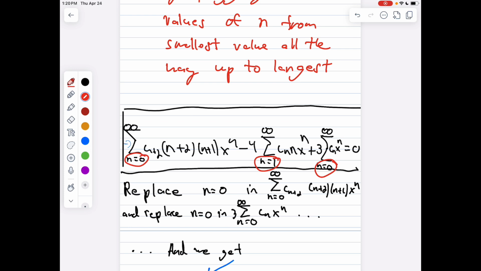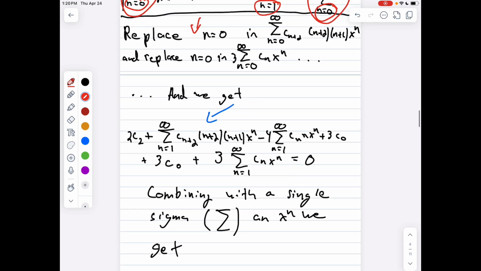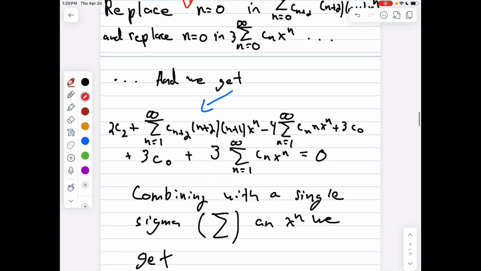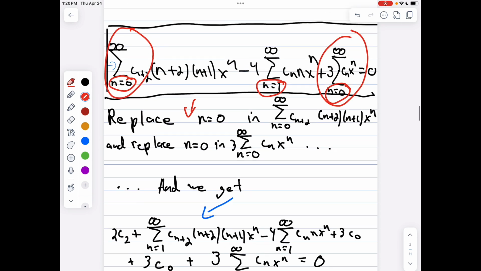And how do you do that? Well, you plug n equals 0 into your expression, and you also replace n equals 0 in your expression for this one and for this one right here. So you replace those with n equals 0, and this is what you get. You should maybe pause the video for a second.